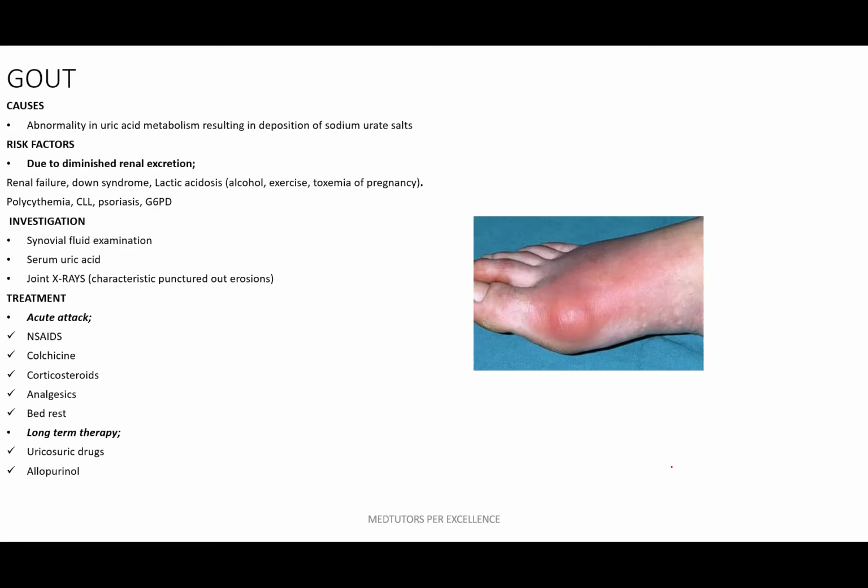If you remember, I said the onset is gradual in rheumatoid arthritis and osteoarthritis, but here it is sudden in onset, and it occurs in middle-aged and elderly people, unlike rheumatoid arthritis that occurs in much younger people.